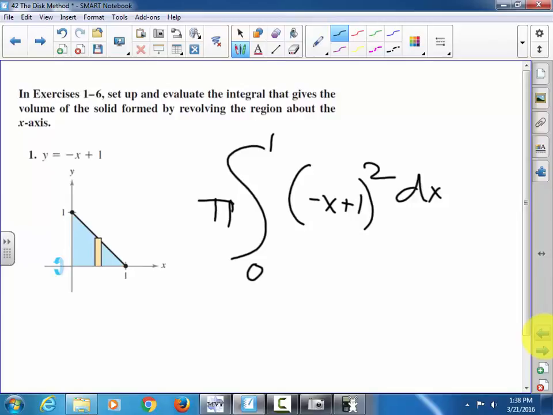All right. Is everybody comfortable with that? That's what we've got there to integrate. Now, that one's simple enough that you could actually square it out and do it by hand if you wanted to. I'm not concerned about you doing it right now. I'm confident you can do that.